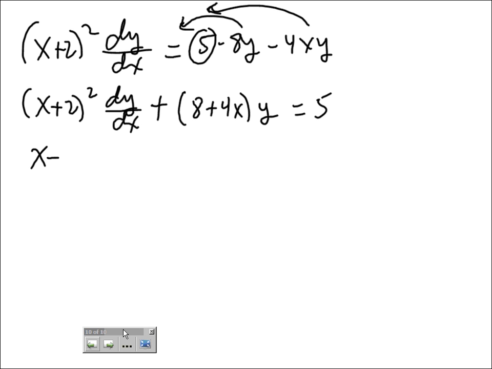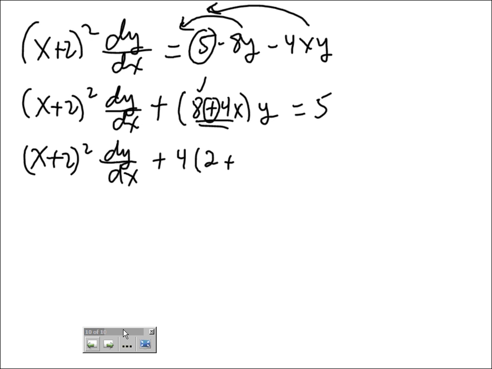Now one more step. I can pull a 4 out from here. 4 times 2 is 8, plus 4, the 4 in front, times the x, gives me 4x, times y equals 5.